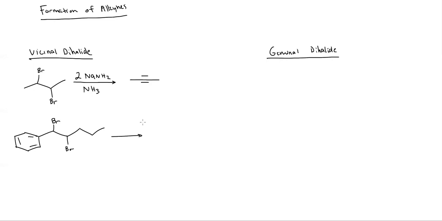Again, we put in two equivalents of NaNH2 in ammonia, and where these bromines are, I'm just going to put a triple bond. So this is 5 carbons, and I just form a triple bond.